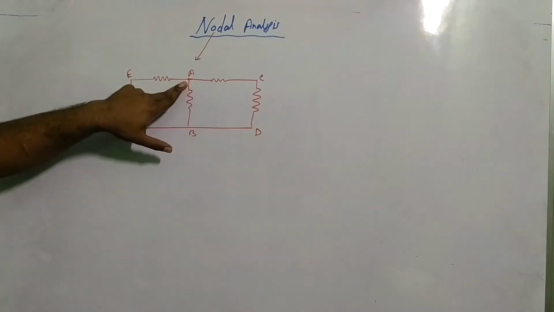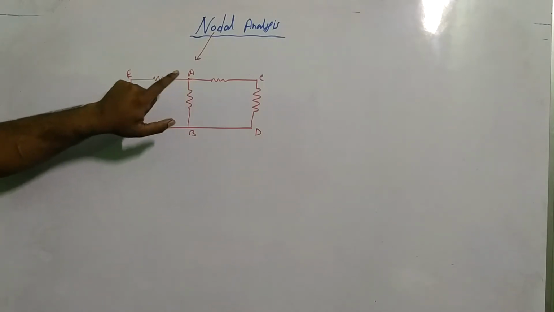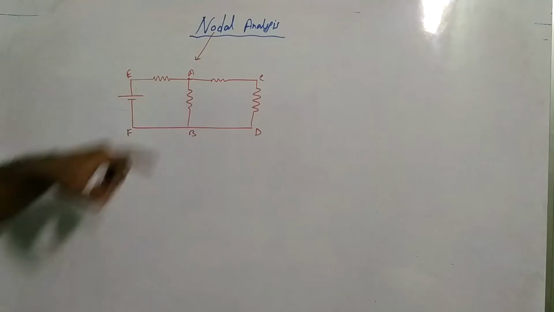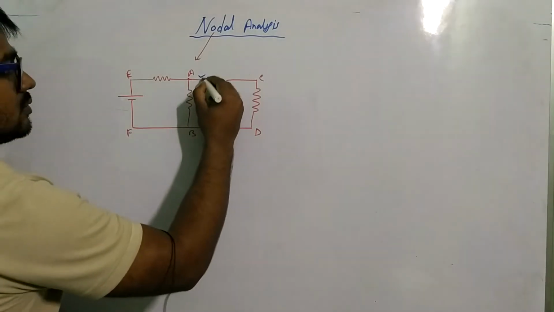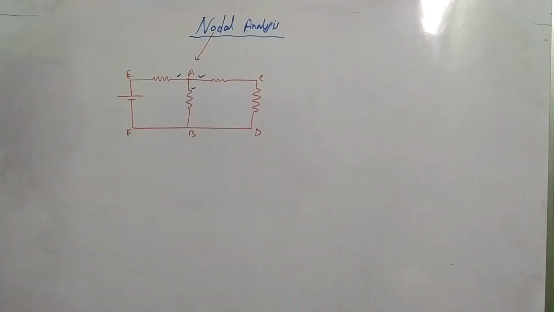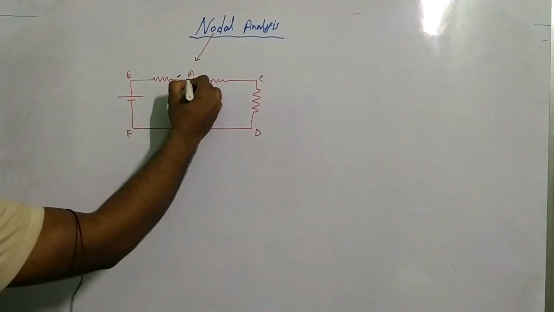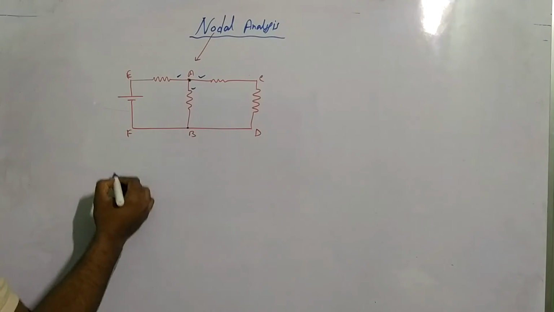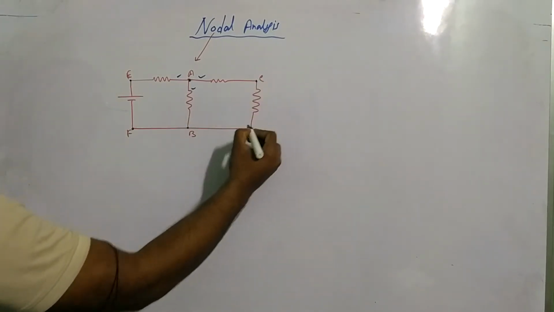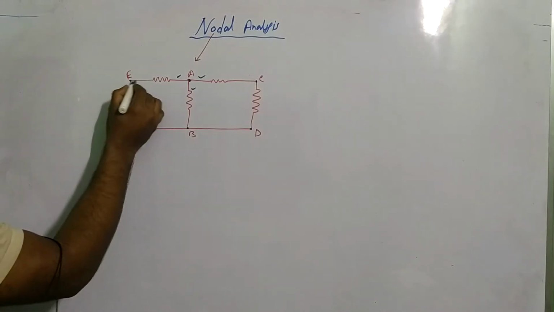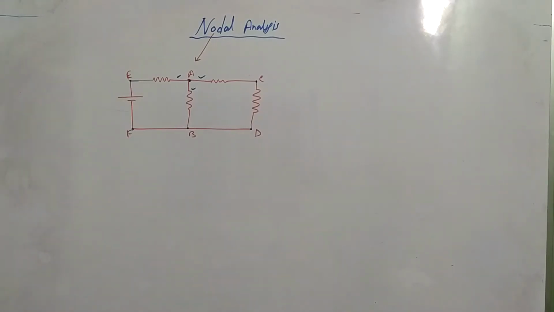This is a node because more than two branches are connected at this point: one, two, three. So this is a node, one node, two nodes, but this is not a node, because only two branches are connected at this point. I think it is clear what a node is.